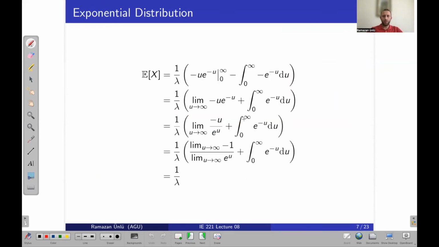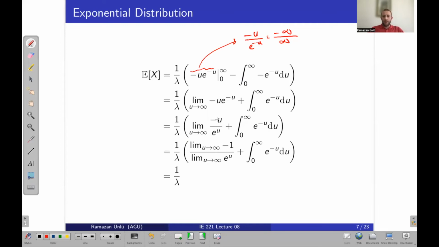Let's continue to the calculation. How can I calculate these terms? There are two limits. If u takes 0, that is easy, it will be 0. But if u takes infinity, it will be undefined, because if I write this as minus u divided by e to the u, that will be minus infinity divided by infinity, that will be undefined.